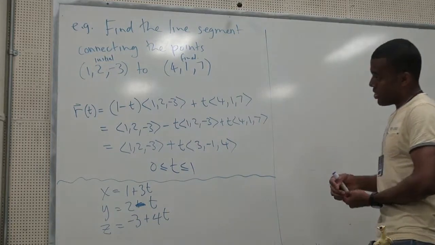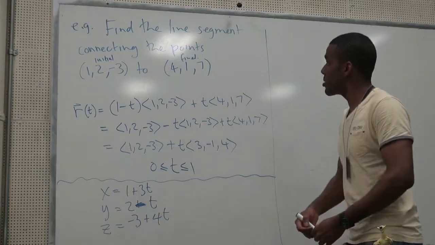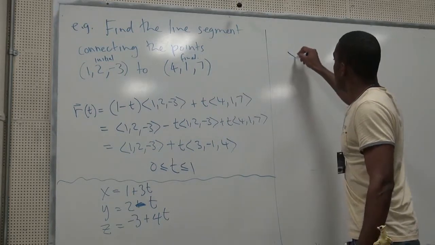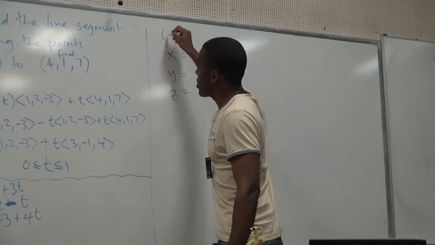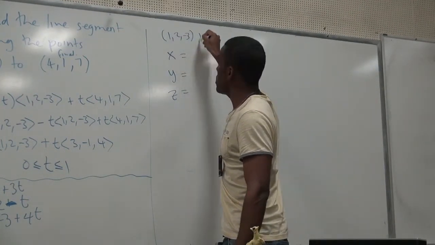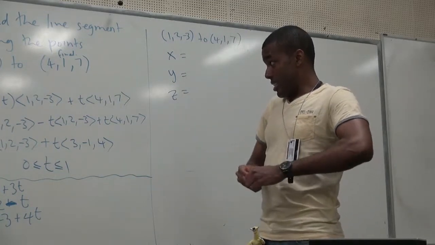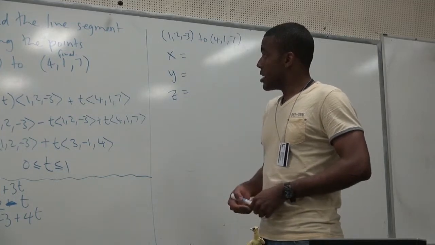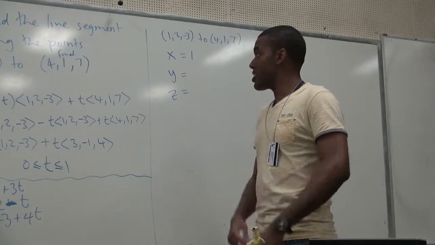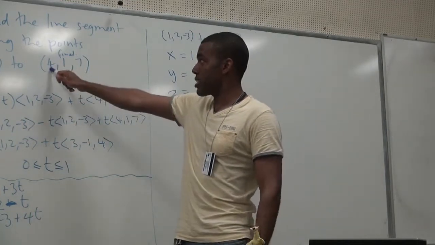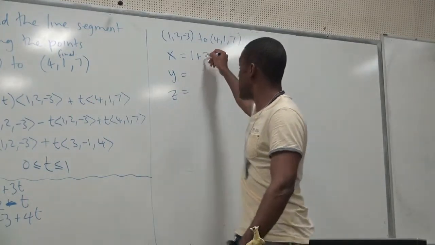Look how quickly you can write down the answer if you think of it in that way. You want to go from 1, 2, minus 3 to 4, 1, 7. Here's how you can get to the line really quickly. You start by writing down the initial point, 1. Then you ask yourself, how much do I have to add or subtract to get to 4? I need to add 3.